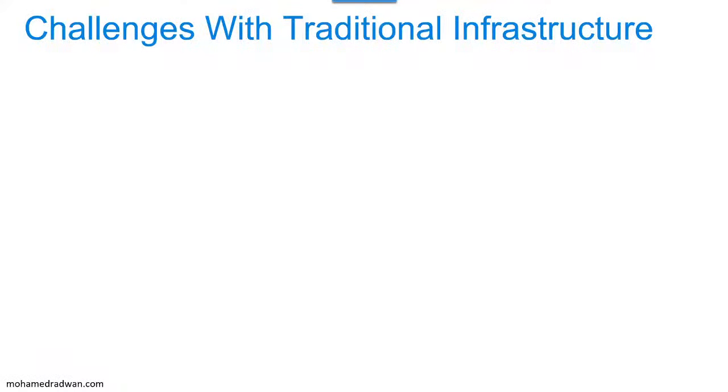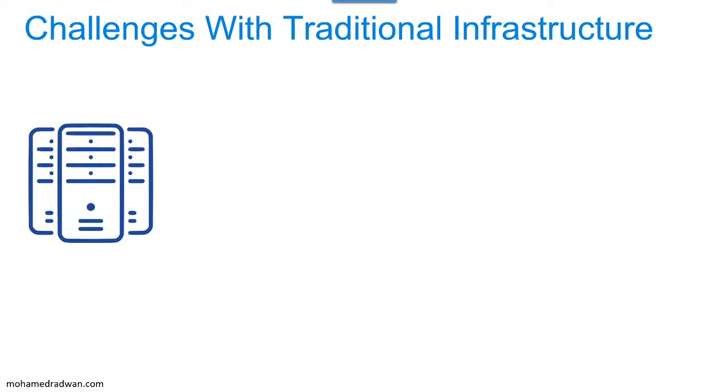So let's look at the traditional infrastructure. If we get back to how we are working with traditional infrastructure, usually you have a server or infrastructure and you just make some changes to it.